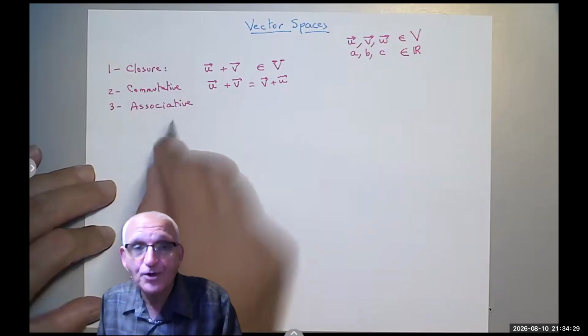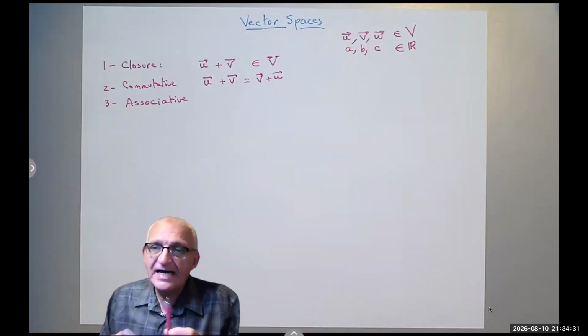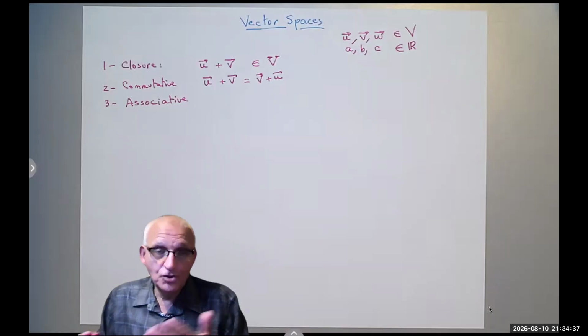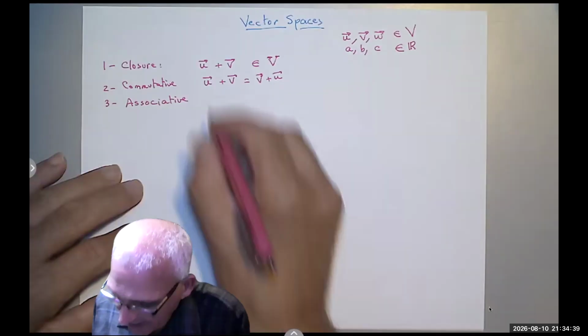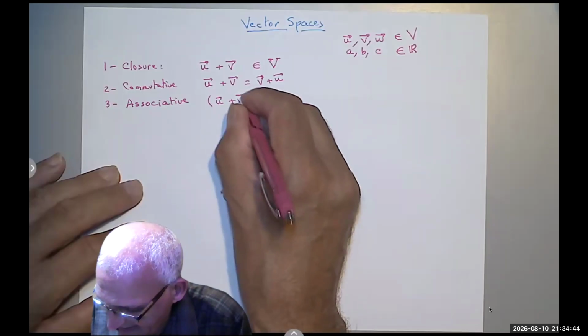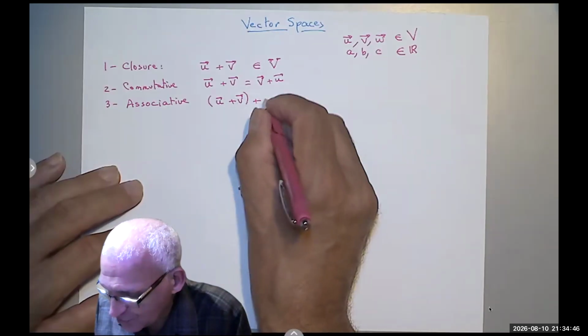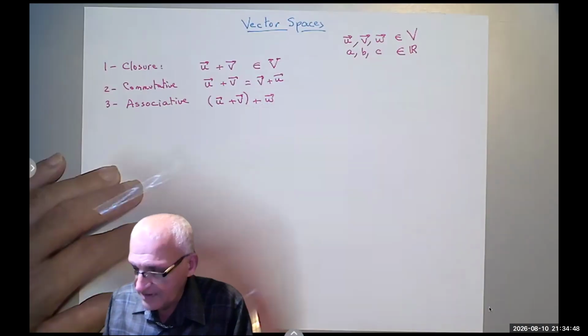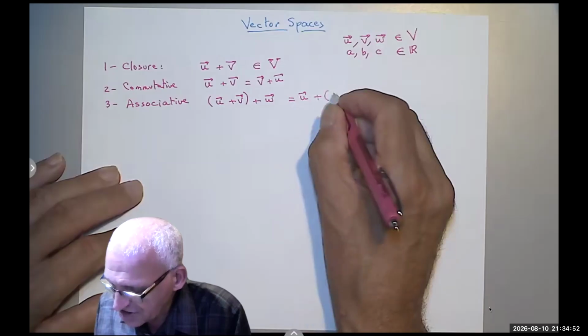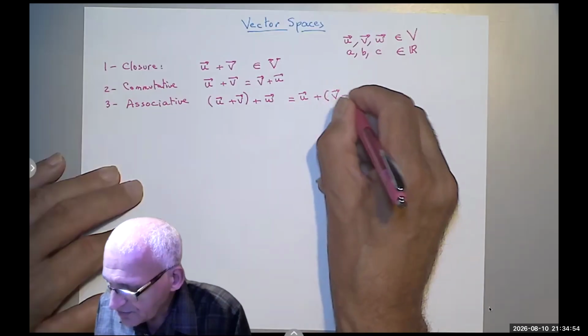The associative property means that if I have 3 vectors, u, v, and w, and I take u plus v, and then add their sum to w, it is the same thing as if I take u by itself and add the summation of v plus w.